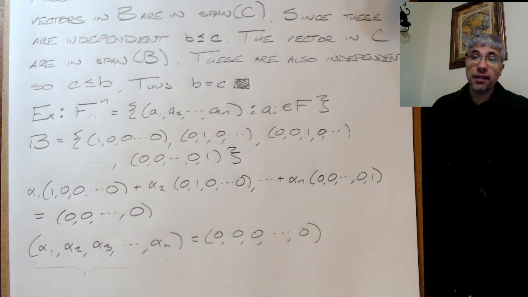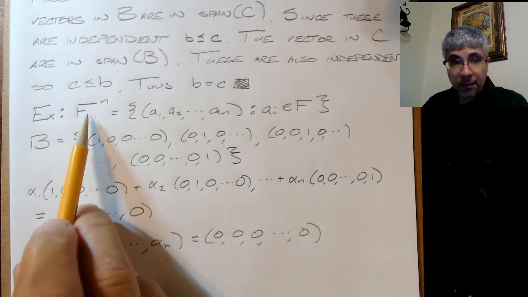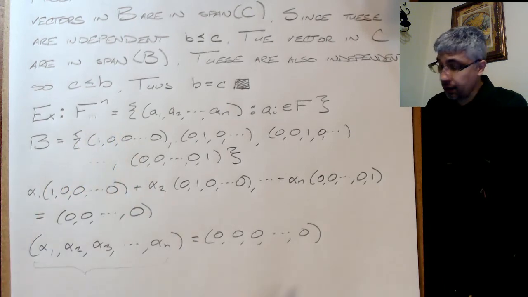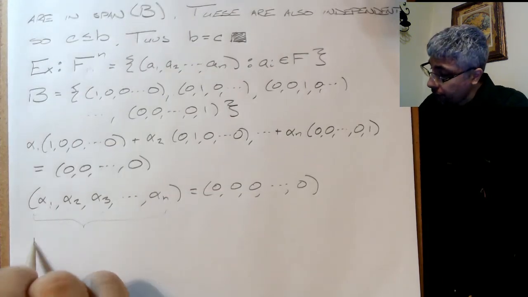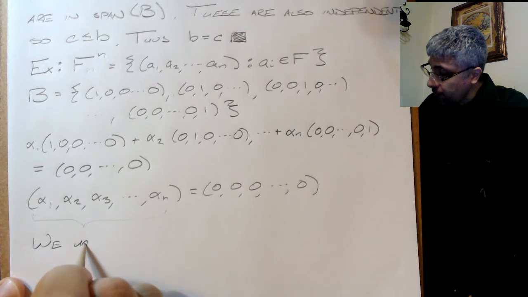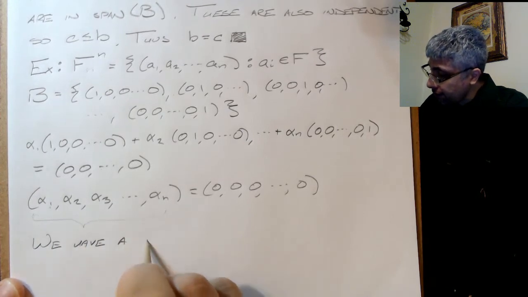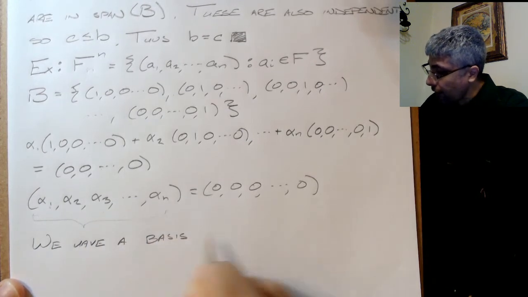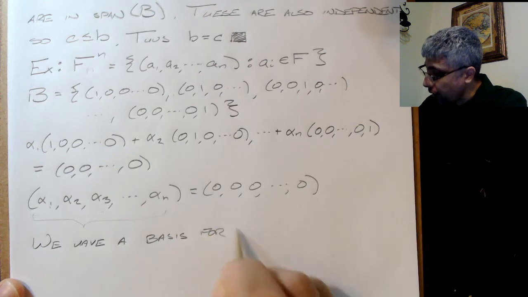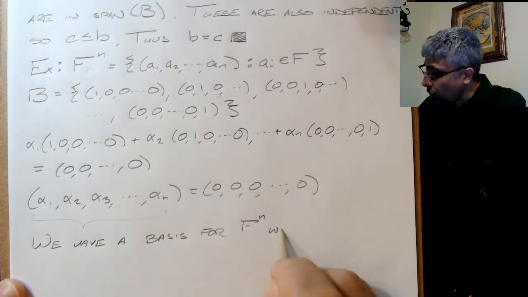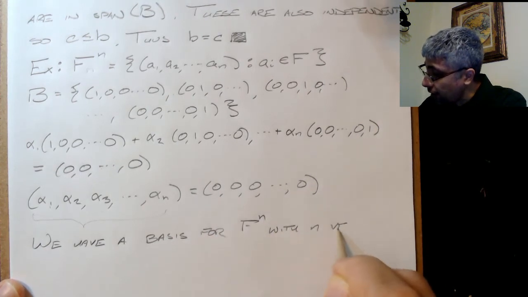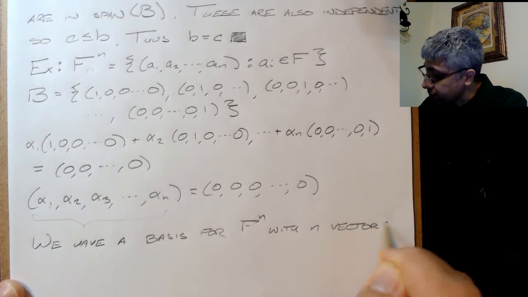So we have a linearly independent collection of vectors which spans the entire space. Therefore, this is a basis. So this is one basis for F to the n. So what have we found? We have a basis for F to the n with n vectors.